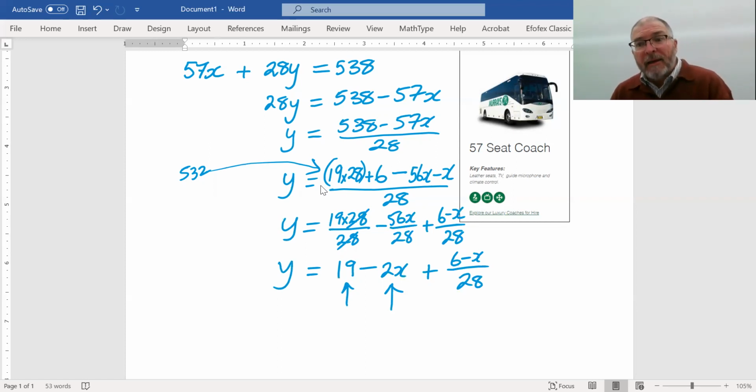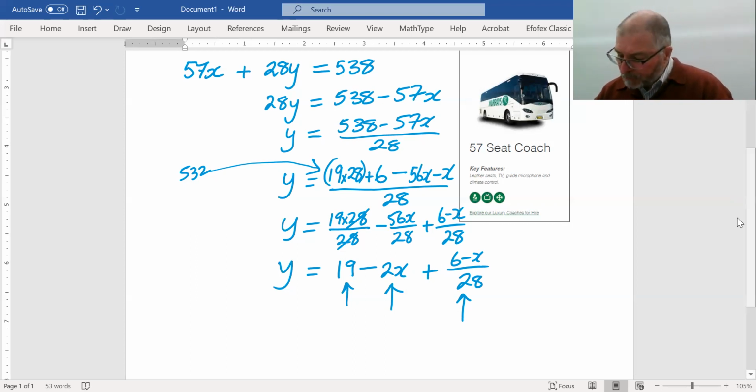So far, that all combines to give me another whole number for sure, because we said that at the start. If I add or subtract or multiply a bunch of whole numbers, I get a whole number answer. So this is looking good. But then I end up with this (6 minus x) on 28. It's looking a lot like a fraction, but I know it's a whole number. If y is a whole number, then that (6 minus x) on 28 must also be a whole number.